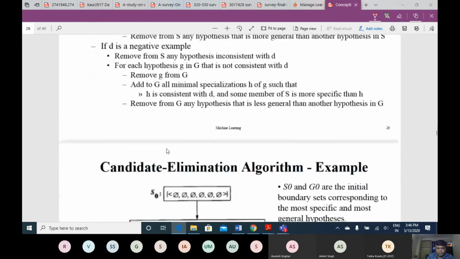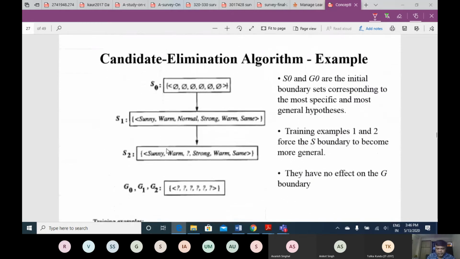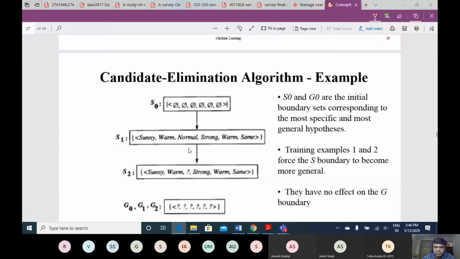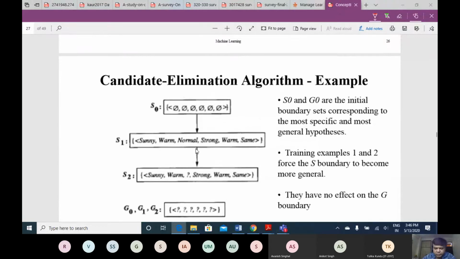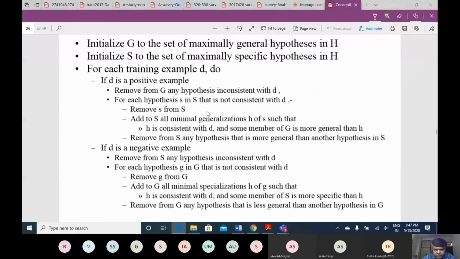Now what we do, you will see the algorithm later on. What we do after we get a particular positive example: for each positive example, we remove from G any hypothesis inconsistent with D. G includes hypotheses which are most general, and if we have found a positive example, that means we might have included a general hypothesis which is not as general as possible, which is not satisfying the particular positive case.